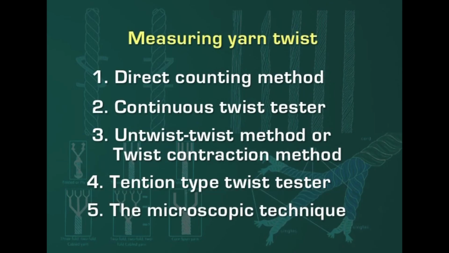And then we have another method, the microscopic technique, which is a very easy method, and researchers generally go for it because a very small portion of yarn can be tested at a time. Though it is a small sample, it still gives an accurate measurement.